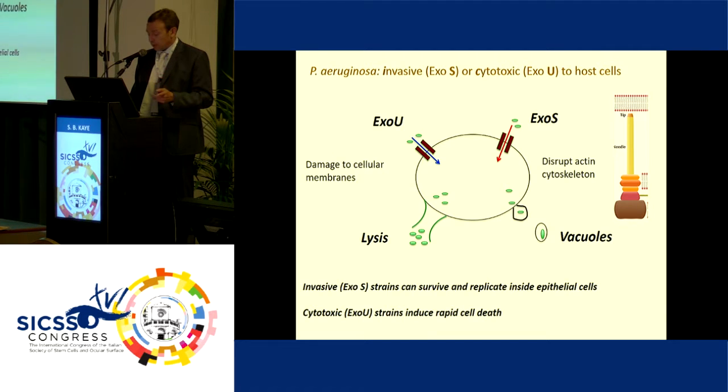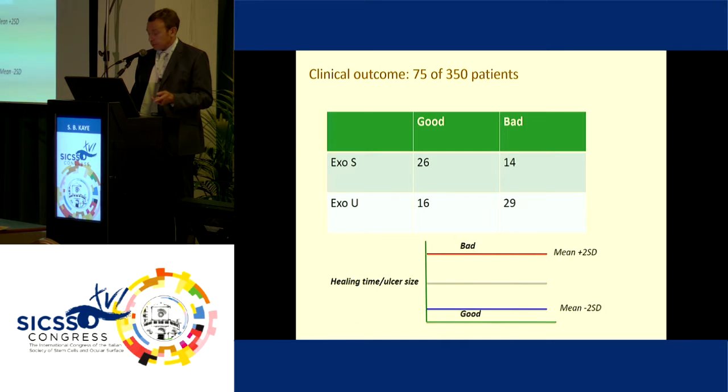Knowing that, the question is, how can we deal with it? We took the 600 or 350 patients, I forget now, and worked out the mean healing time according to ulcer size. Obviously, bigger ulcers take longer to heal, so you have to do a ratio of healing time to ulcer size to standardize that.